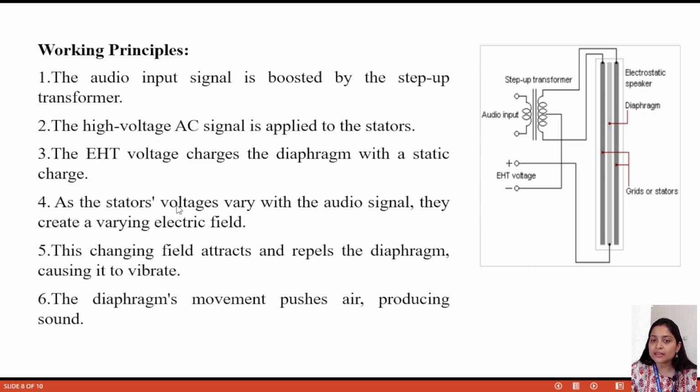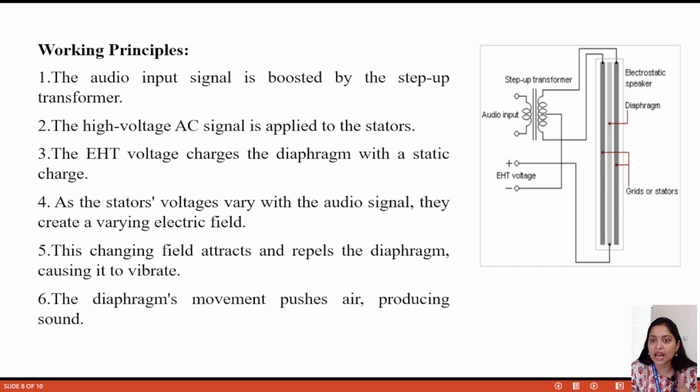As the stator voltage varies with the audio signal, because it is an AC audio input, as the AC varies, the stator voltage also varies. They create a varying electric field. These changing fields attract and repel the diaphragm, causing it to vibrate. This middle, light gray membrane is the diaphragm, at a particular voltage, and the outside two stators are continuously changing their voltage.